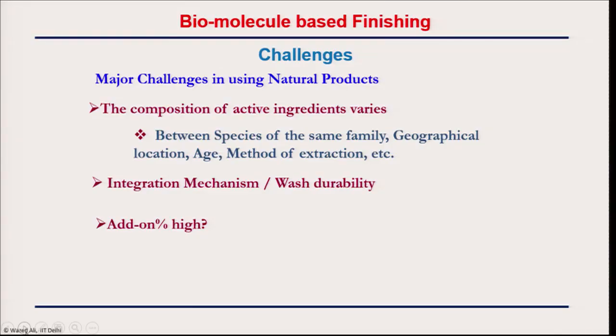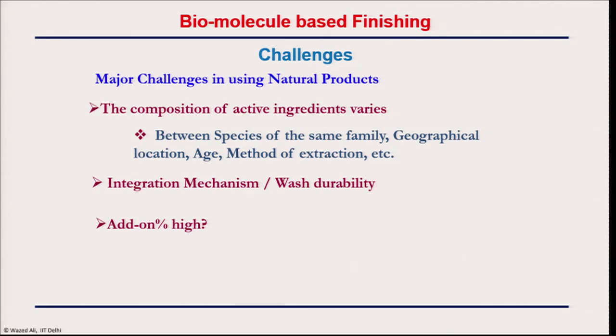The second thing is, the moment we talk about plant material especially, or different kinds of agricultural materials, there is a lot of variation of species from the same family. For example, as I mentioned, geographical location: some of the crops which grow in South India and which grow in North India will have different varieties, and accordingly their biomolecule components or constituents may also vary.